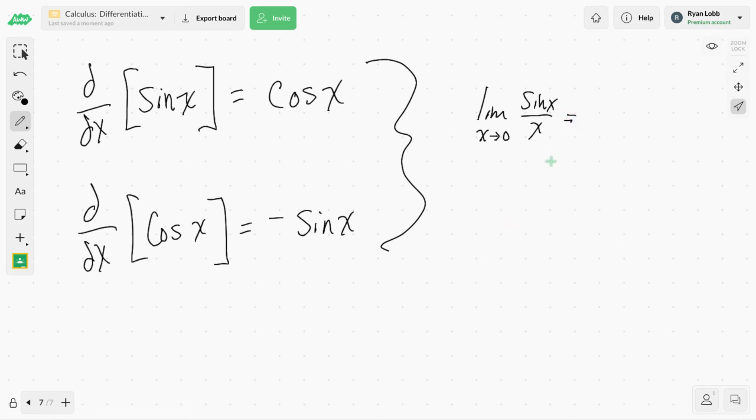Hopefully, as you're watching this, you look at that and go, oh, I remember that is what? 1. Okay, so same thing here. Derivative of sine is cosine, derivative of cosine is negative sine. We'll get to tangent and some of the other ones after we go over some more rules. But initially, these are the introductory rules.